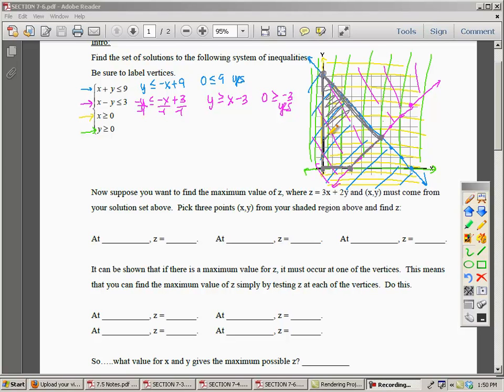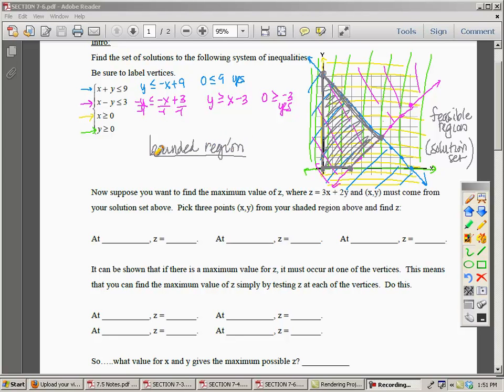And so this is what we call a feasible region, and that just means this is the region where my solution set occurs. Okay, so my solution set is all of that area. And this is a bounded region, and that's important. Bounded means that you get a stopping point.